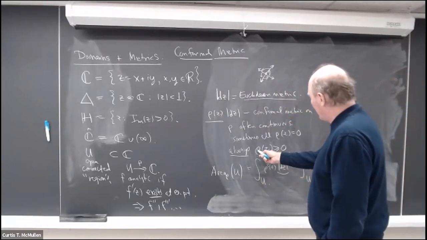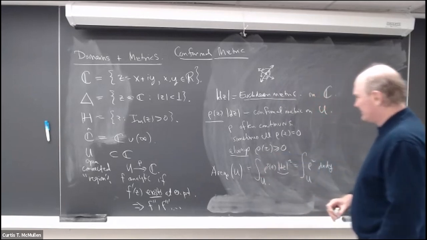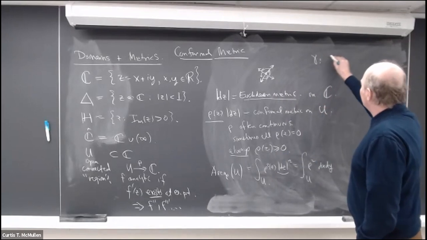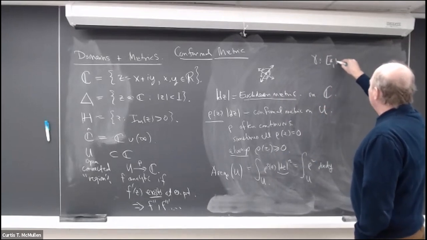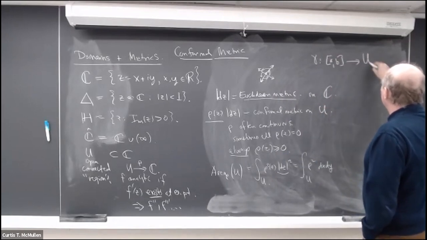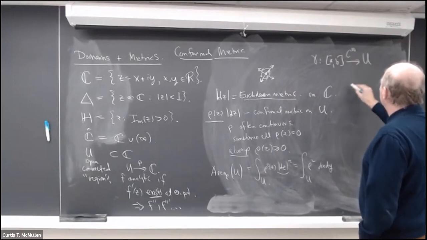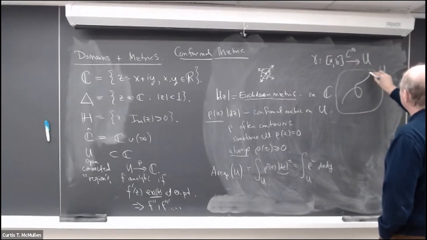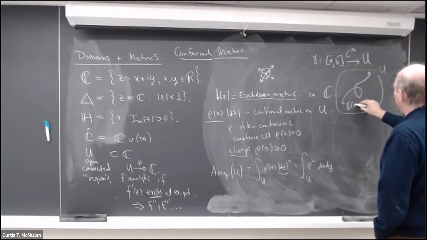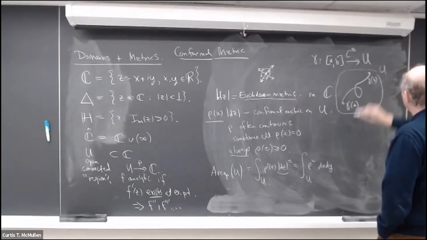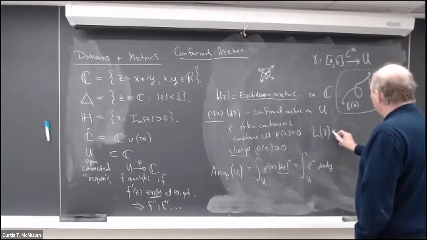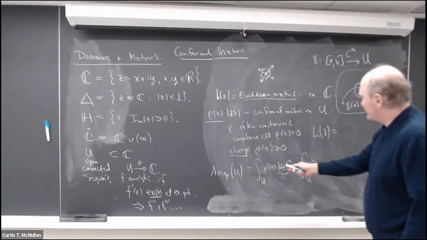Now, what good is rho? Why don't I just use rho squared all the time? It's because if I have a map, say from an interval [a,b] into my region U, let's say that this is smooth, so I have some sort of curve in my region going from gamma of a to gamma of b, then the length of this curve is obtained by just a change of variables.